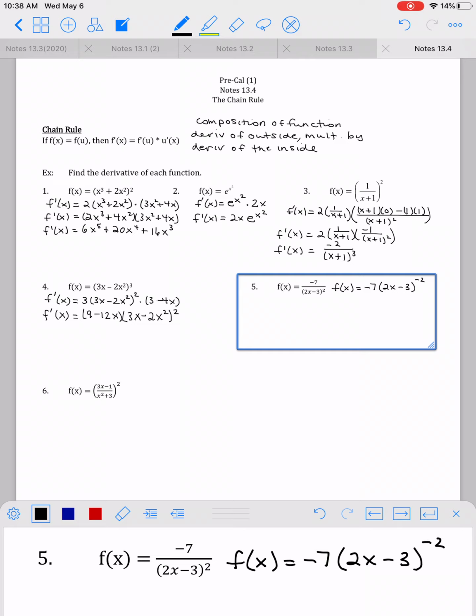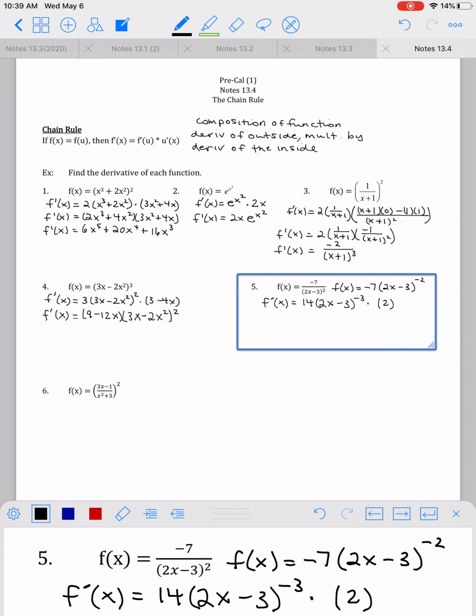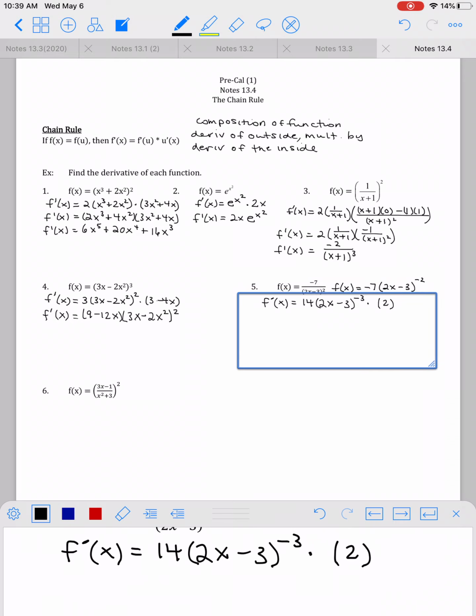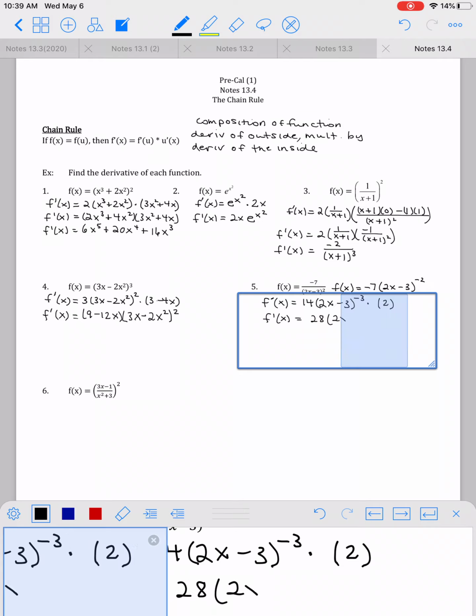I'm going to rewrite this next one with a negative exponent. Now we're going to go ahead and use the power rule. So 14 times 2x minus 3, reduce the power by 1, negative 3, times the derivative of the base of the exponent, which is a 2, and then f prime of x is 28 times 2x minus 3 to the negative 3.